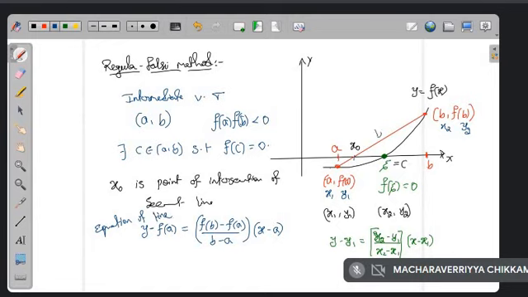Now I need to find the point where it intersects the x-axis, right? If it intersects the x-axis, then y must be equal to 0.